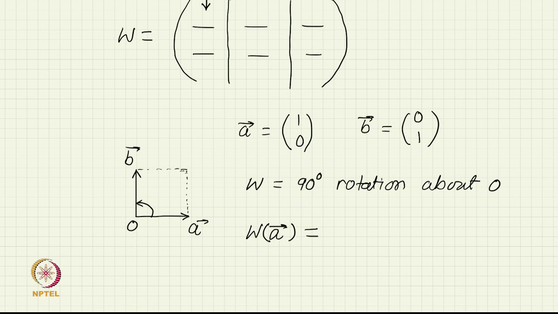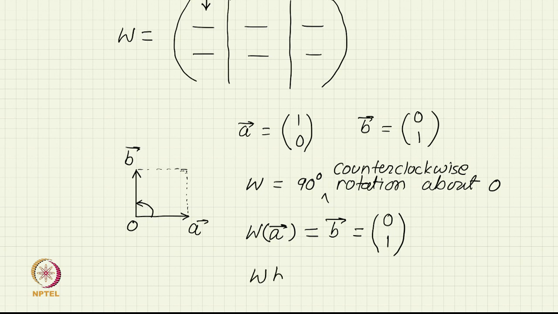A 90-degree rotation of A takes it to, let us say, 90 degrees counterclockwise. The sense of rotation is also important in rotation, so a 90-degree counterclockwise rotation. So, W A becomes B, and what is B in the matrix form? 0 1.